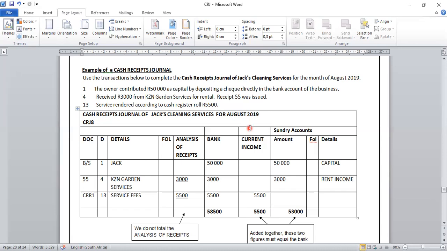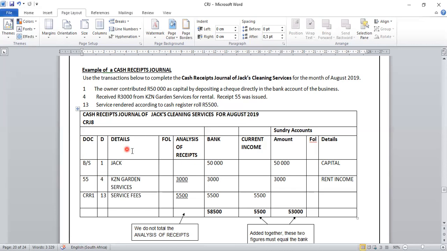The first transaction: the owner contributed 50,000 as capital by depositing a check directly to the bank. Learners, as I've mentioned earlier, if the money was deposited directly to the bank, then our source document is the bank statement. So we have BS on our document number. The day on which the transaction occurred is the first of the month, so we write 1.